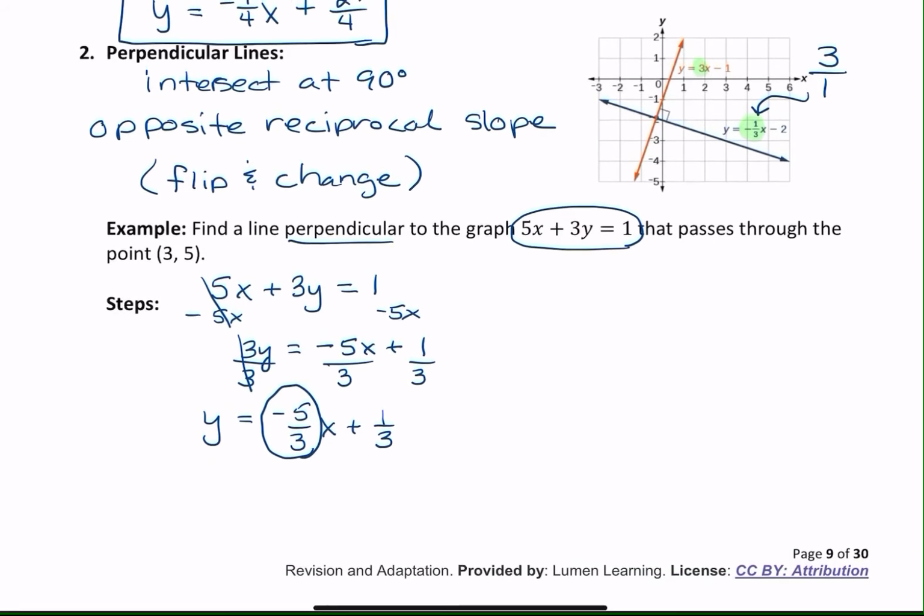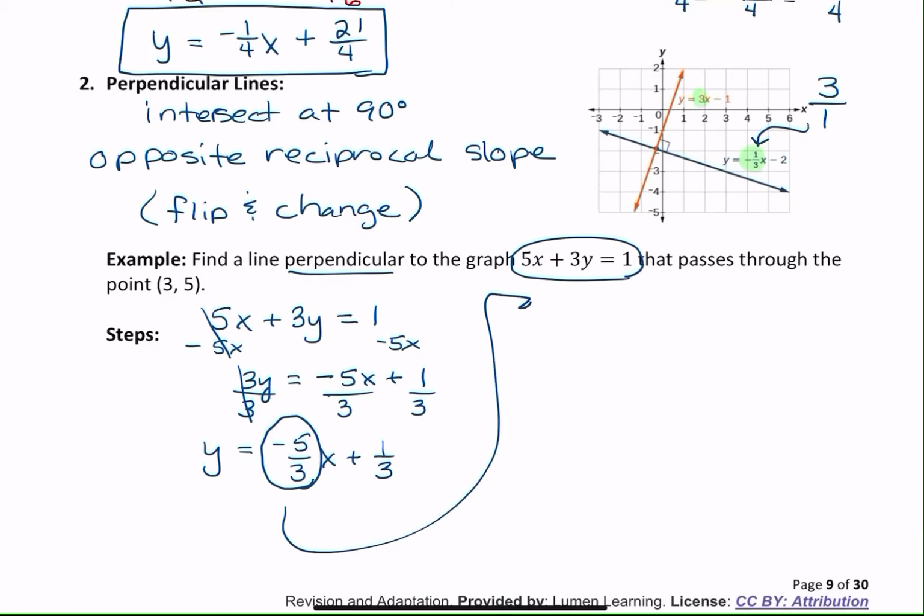So to be perpendicular to that, my slope needs to be the opposite reciprocal, which means I'm going to flip it, and it was negative, so I'm going to make it positive. Now I repeat the same steps as before, going through the point 3, 5. So I've got y minus 5 equals 3/5 times x minus 3.